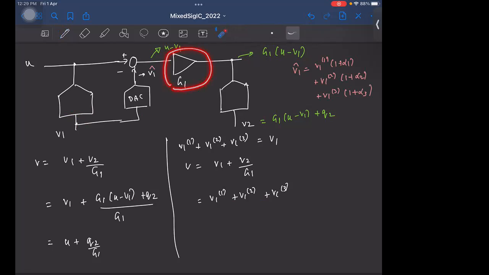So right here is V2, and V2 is simply this, right? The input minus the output that is produced by the DAC, which I'm now calling V1 hat. So this is going to be G1 times the input minus 1 plus alpha 1 V1 plus so on. Or let me write it also, 1 plus alpha 2.